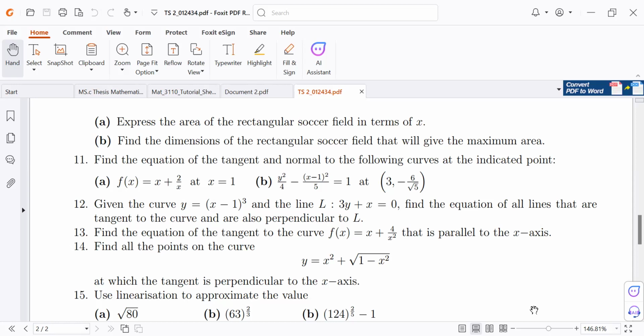So we want to find, given the curve y and the line L, the equation of all lines that are tangent to the curve and are also perpendicular to the line. That's question 12.